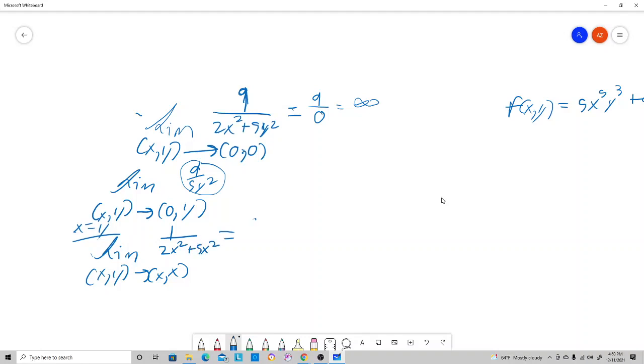And then this can be simplified to 1 over 7x squared. And there's an issue because we came into this line from different points, but they all don't correspond. So what does that mean? That means this limit does not exist.